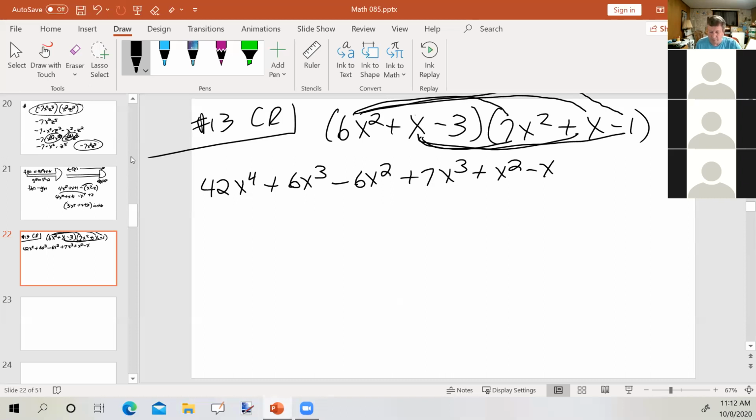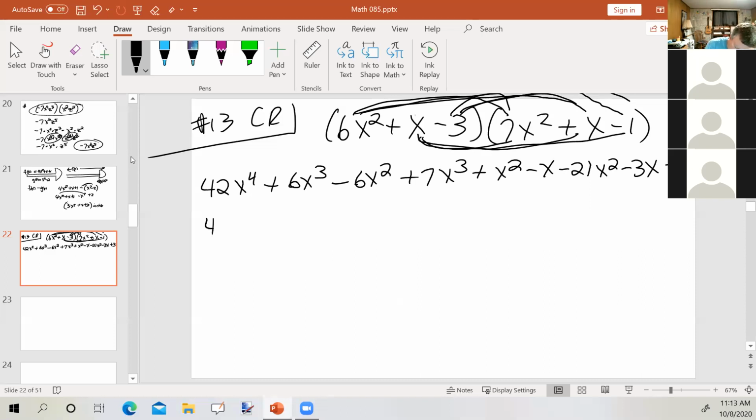So now we've distributed the x to each term in the second trinomial. So now we'll move to the minus 3. Minus 3 times 7x squared is minus 21x squared. Minus 3 times x is minus 3x. And minus 3 times minus 1 is plus 3. So I've done all 9 multiplications. Now I'm going to combine like terms, and I'm going to put this in descending powers.